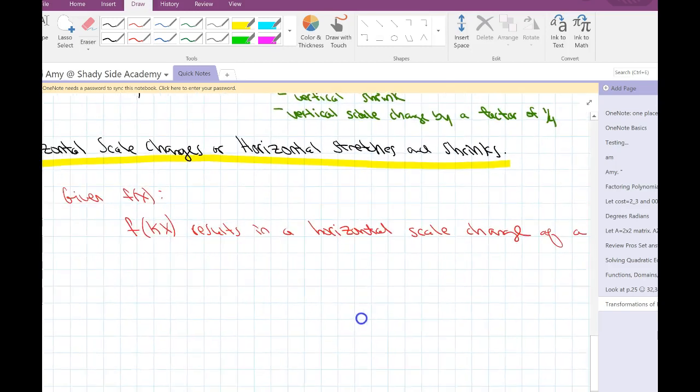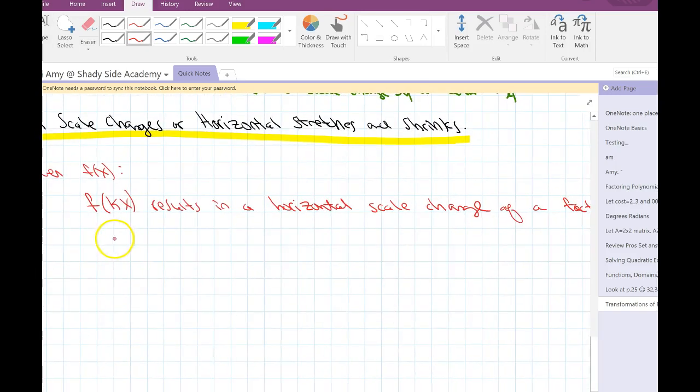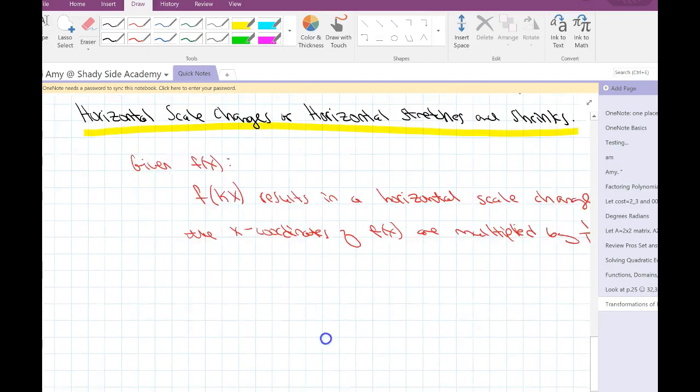The scale change is not a factor of k, it's a factor of 1 over k, all right? Or in other words, the x coordinates of f of x are multiplied by 1 over k.